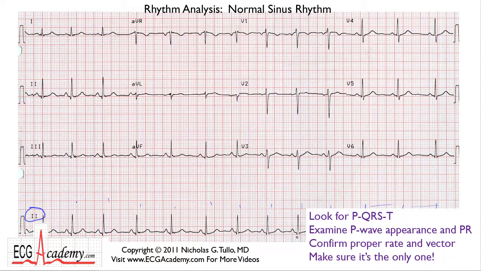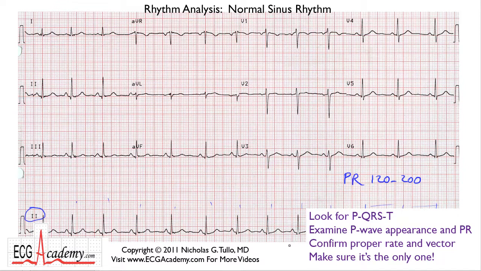You need to examine the P wave appearance because P waves have a certain look to them, and often if it doesn't look right, then it's not a sinus rhythm. The PR interval is very important, and we're going to get involved with that when we talk about AV block. But if you're going to call it a normal sinus rhythm, it should be a normal PR interval, which you should remember is 120 to 200 milliseconds, or 3 to 5 small boxes across.